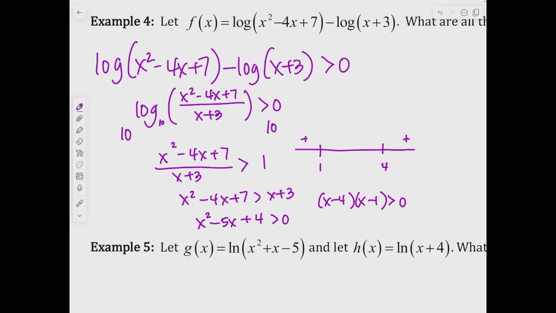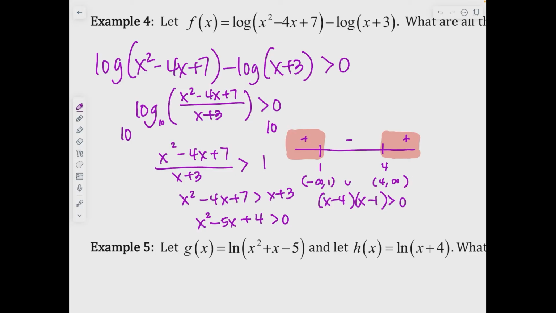This is where my graph is above, this is where my graph is above, and this is where my graph goes below. So as far as my answers are concerned, at this point, it's everything to the right of 4 and everything to the left of 1. So negative infinity to 1, and then 4 to infinity.